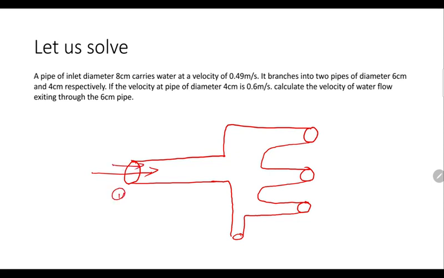This is section 1, in which this area is a1 and the velocity with which water is flowing is c1. This is section 2, area 2, and the velocity is c2.